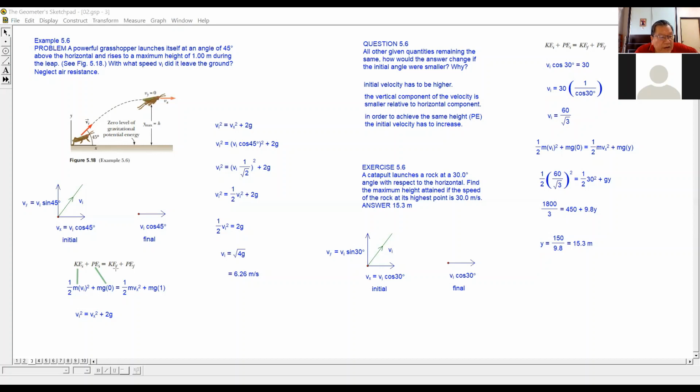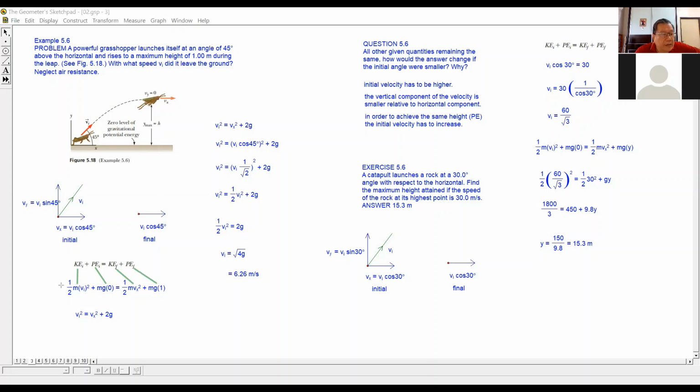Finally, the final kinetic energy is half mv squared, but the v is only the vx. The vy is lost. The vy is converted into potential energy. So now this is the potential energy, mgy, where y is the height, the maximum height, 1 meter.